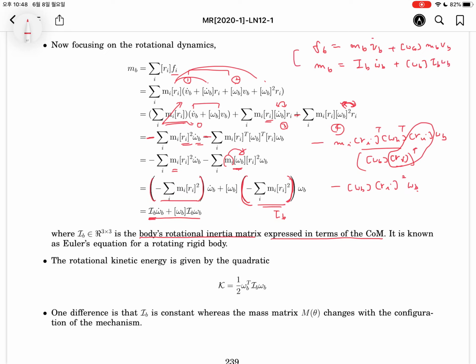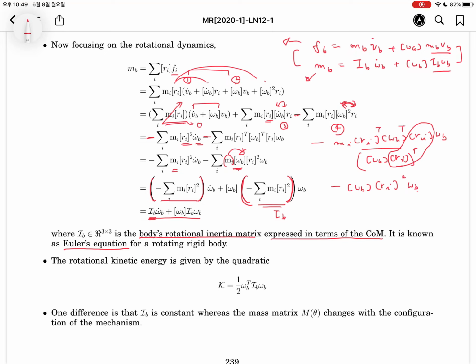As you can see here, the dynamics can be written in very similar forms. As you know, this is the linear momentum, this is the angular momentum. As you know, this is the Newton equation, this is the Euler equation. So Euler equation for the rotating rigid body.